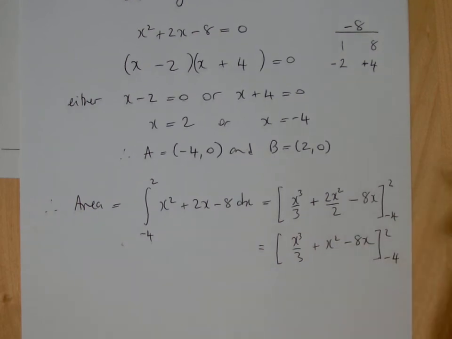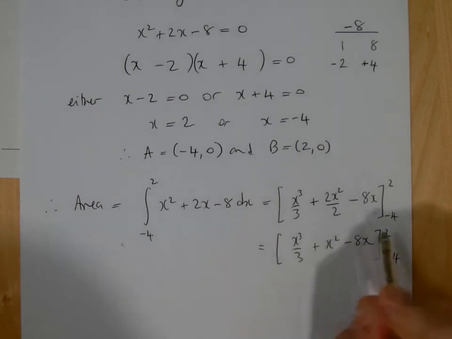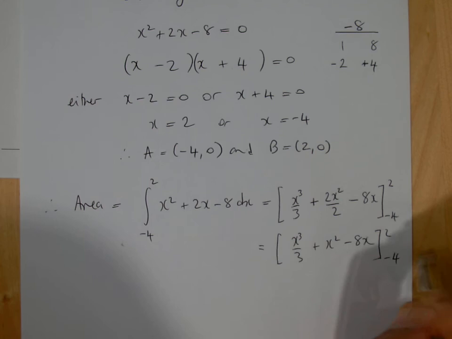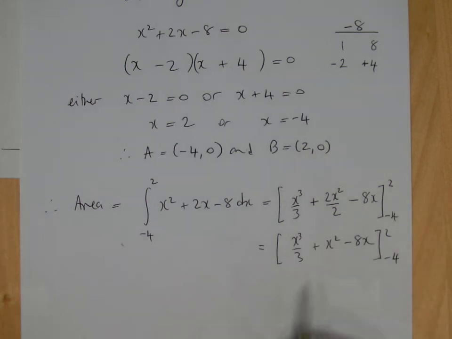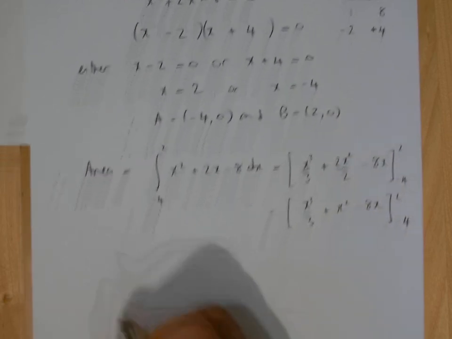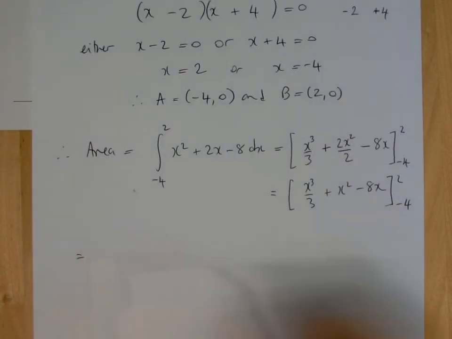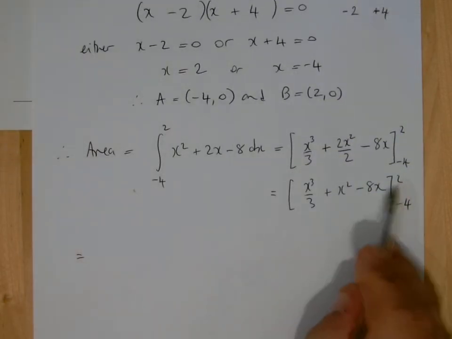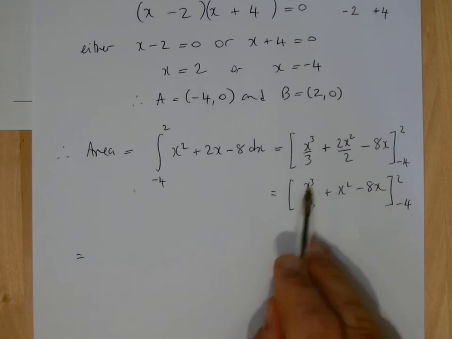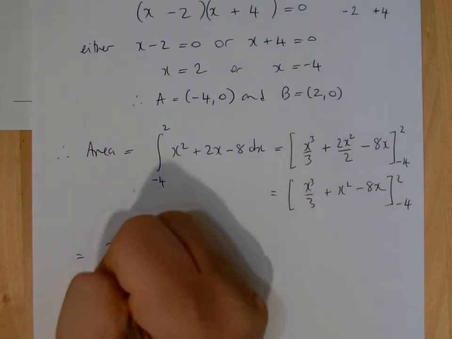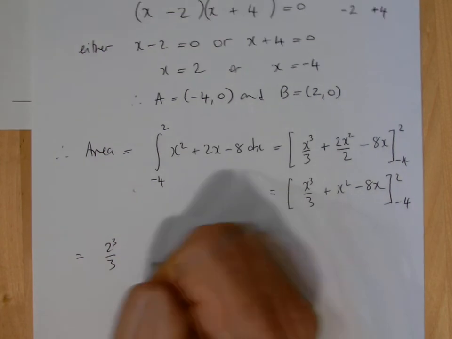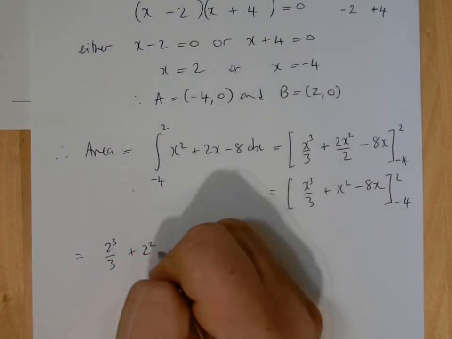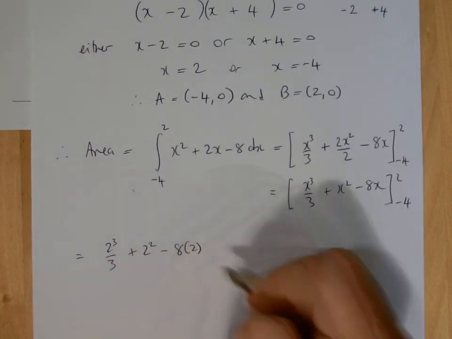To work out the area, you need to substitute the upper limit in here, and then take away and put the lower limit in. It's going to be quite a lot, two brackets there that are going to be quite big, so I go over here so I've got plenty of room. Let's put the 2 in first, the upper limit: 2 cubed upon 3 plus 2 squared, take away 8 times 2.